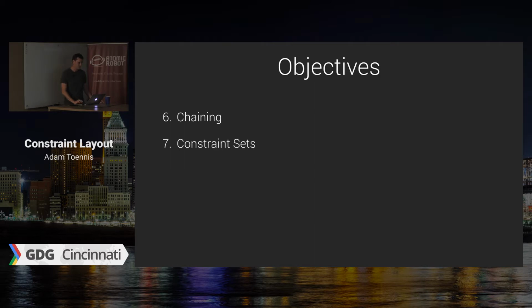Constraint sets, which would be setting up your constraint layout programmatically or modifying it programmatically. Some basic animations, and then we'll get into some pros and cons, at least how I see them, so just my own views. Custom views, I should have taken that out. I didn't get into that.